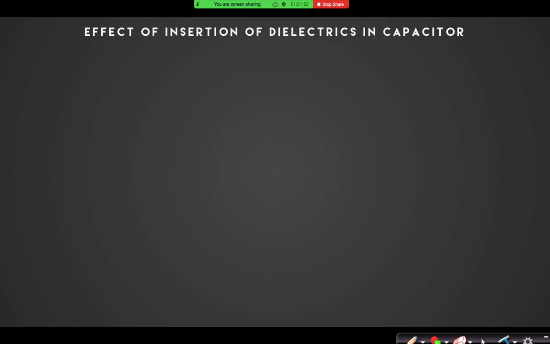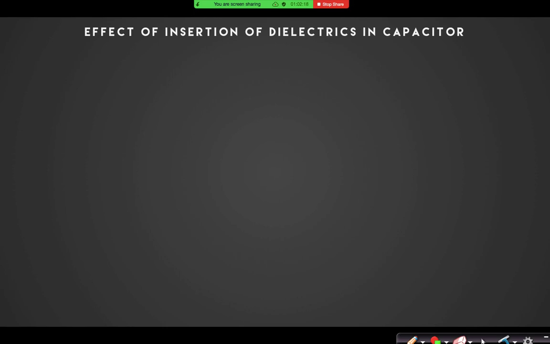Because suppose in a metal plate, if you store 100 microcoulomb charge and before it gets discharged, why does it get discharged? Because there is a surrounding dielectric where the breakdown voltage may be less than the electric field that is developed due to that metal charge conductor, right?